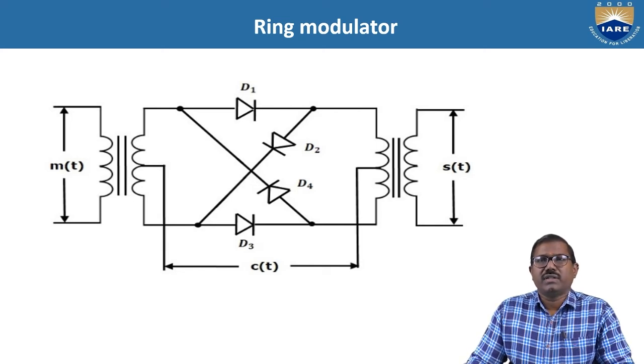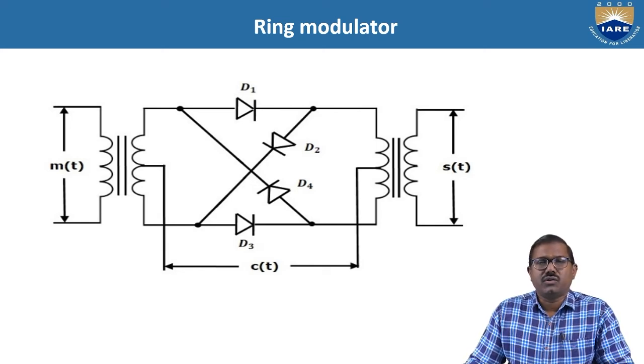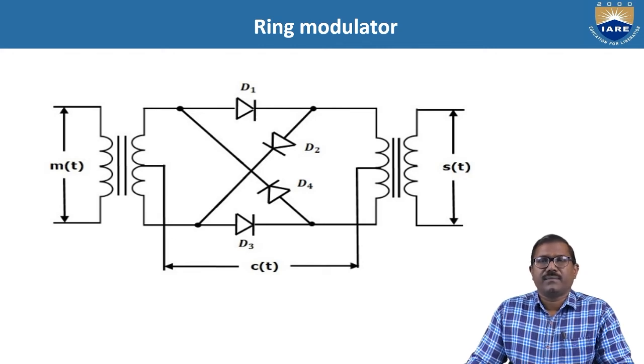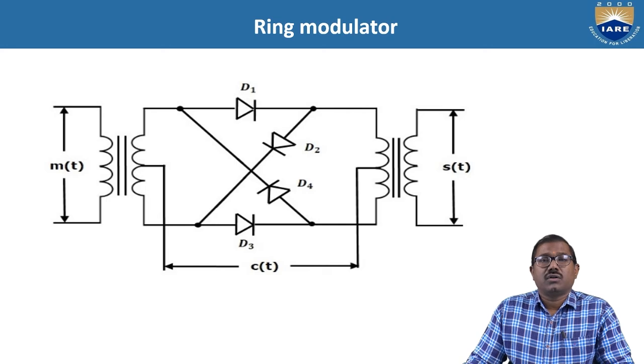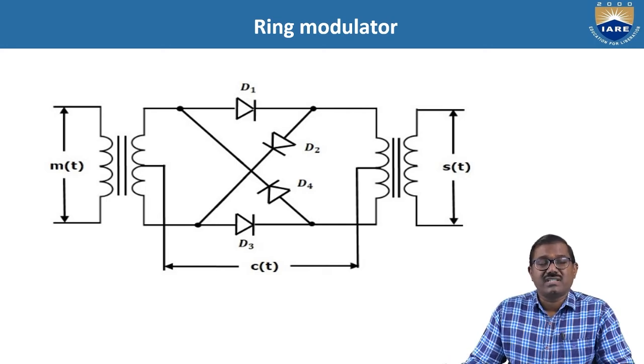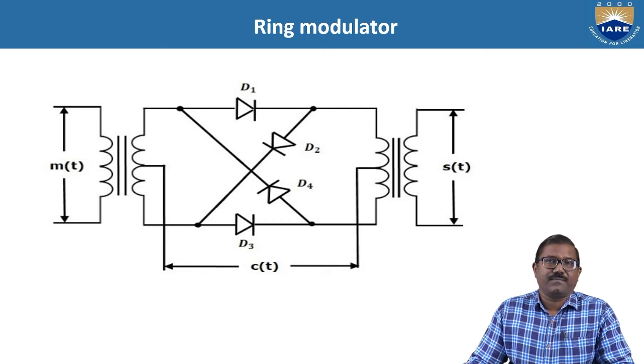Here we use 4 diodes in the form of a ring, and we are giving a carrier C of t, which has higher frequency and higher amplitude than the M of t.